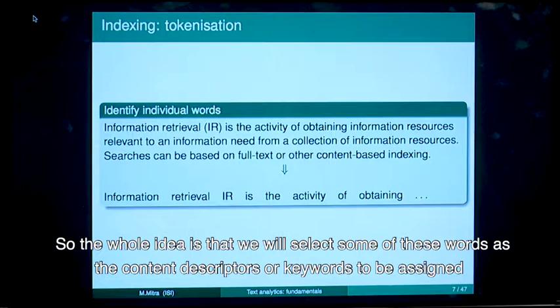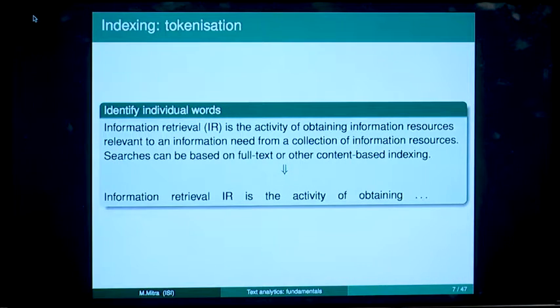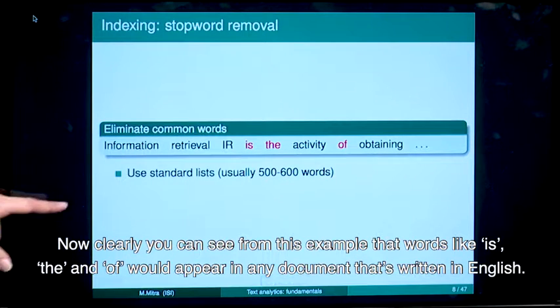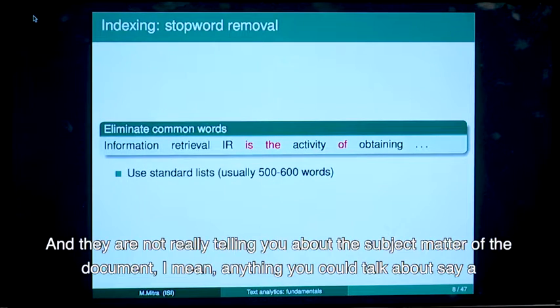So, the whole idea is that we will select some of these words as the content descriptors or keywords to be assigned to this particular document. Now, clearly you can see from this example that words like is, the and of would appear in any document that is written in English, and they are not really telling you anything about the subject matter of the document.